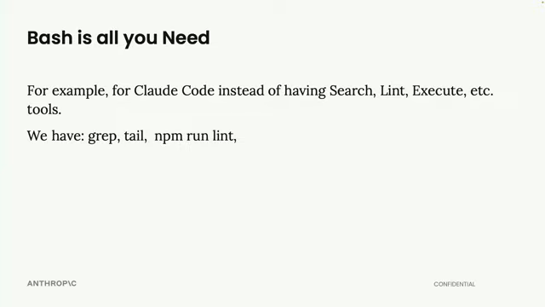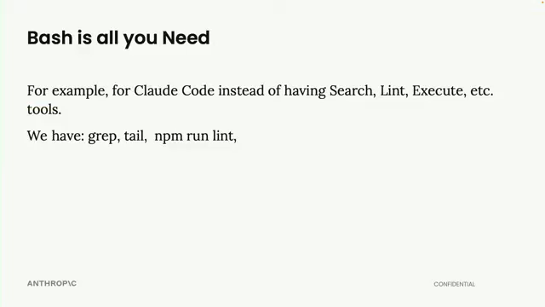It can lint, and it can find out how you lint and run npm run lint. If you don't have a linter, it can say, what if I install ESLint for you? So like I said, this is the first programmatic tool calling, the first code mode. You can do a lot of different actions very, very generically.